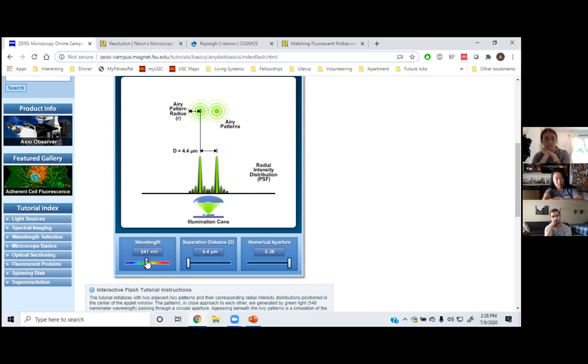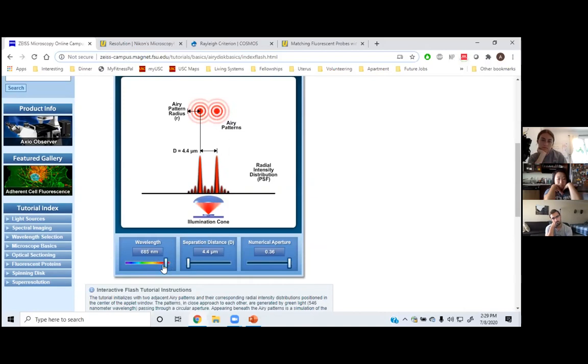You can see they have these sliding scale bars that you can use to see how the wavelength and the numerical aperture impact the distance between these airy patterns. If we make the wavelength really small, you can see that it's easier to resolve these 2 points. If we increase the wavelength, it might become more difficult to resolve those 2 points.